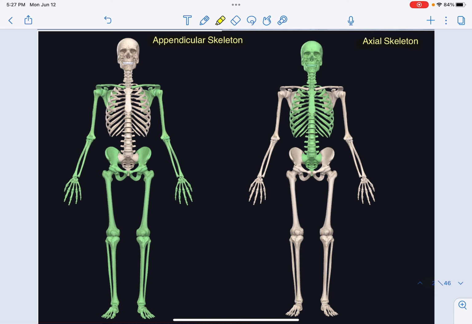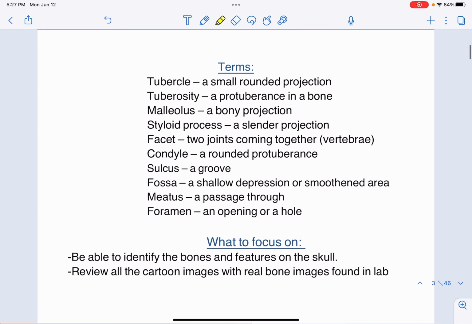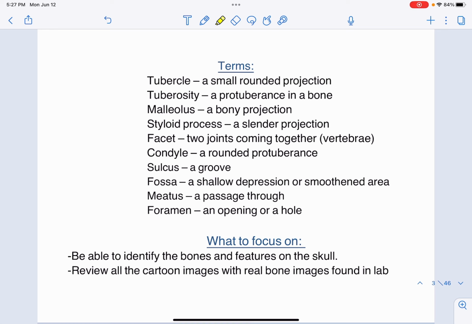So today's lecture is going to focus on the skull and the features of the skull. Before we get into and start talking about all of these different features, there are going to be some terms that you'll hear me use a lot throughout this lecture, and I've summarized them here.